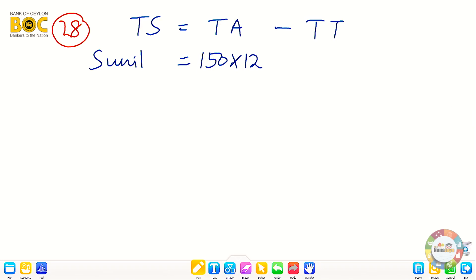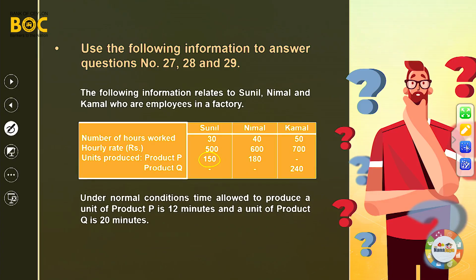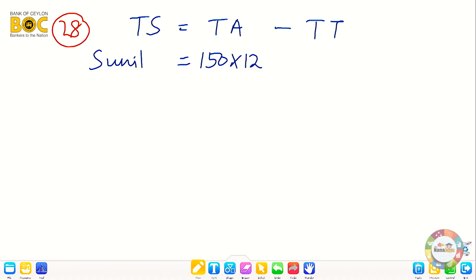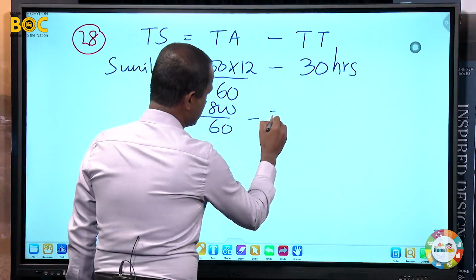How many hours has he taken? He has taken 30 hours. You can convert minutes into hours by dividing by 60. 150 into 12 is 1800, 1800 divided by 60 is 30, minus 30.